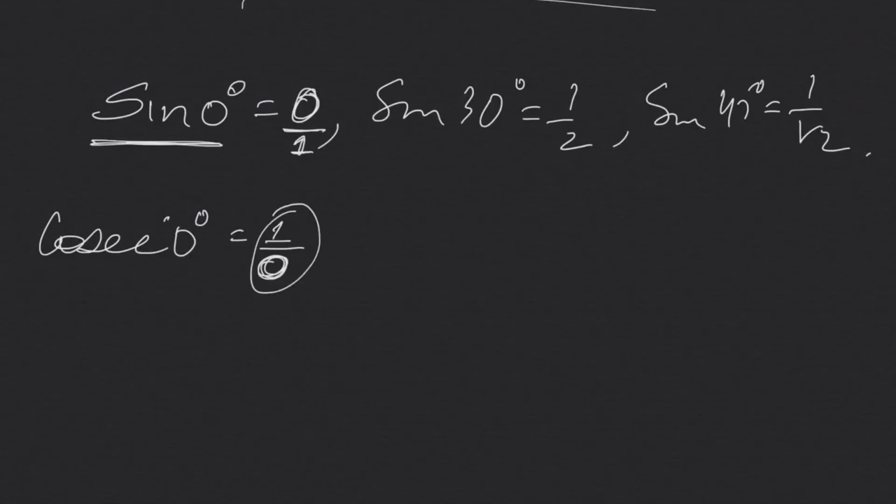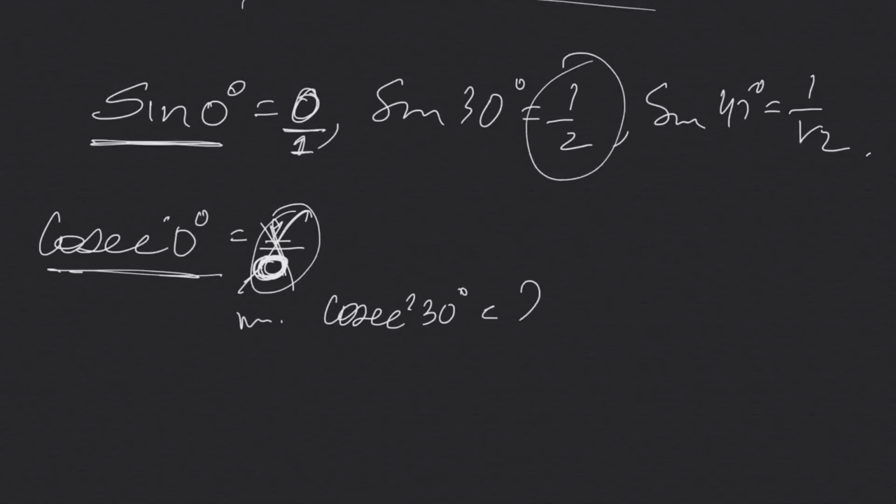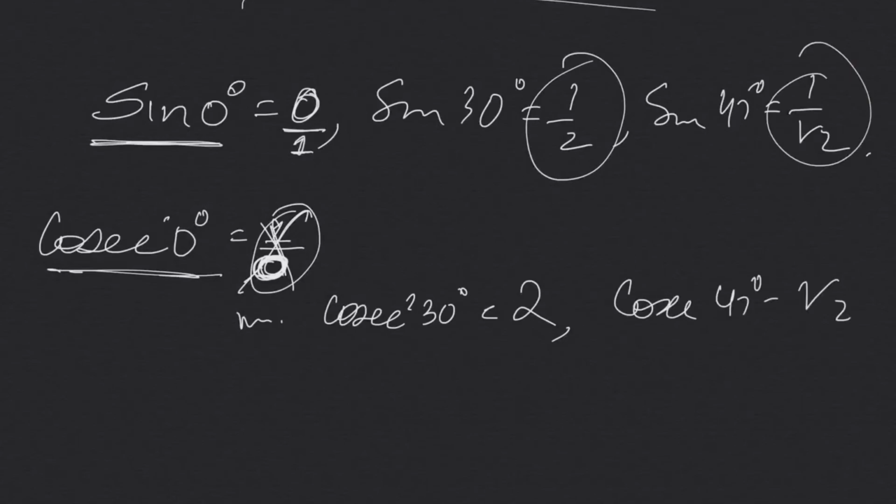A number cannot have 0 in the denominator, so it is called undefined. Okay, cosec 0 degree is undefined. Now cosec 30 degree will be the reverse of this, so it will be 2, and cosec 45 degree will be the reverse of this, it will be root 2.